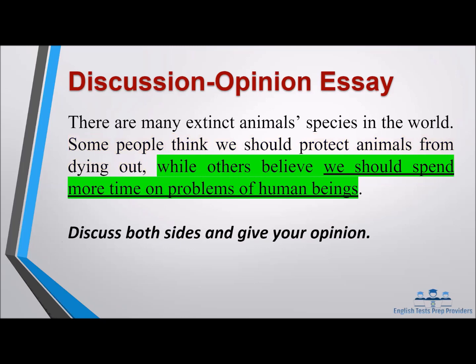While the other group of people believe that we should spend more time on problems of human beings rather than animal extinction. So basically, you are going to juxtapose these two opinions or these two sides. Then you are going to give your stand. Probably you will be writing another paragraph, or you can embed your opinion in the conclusion.